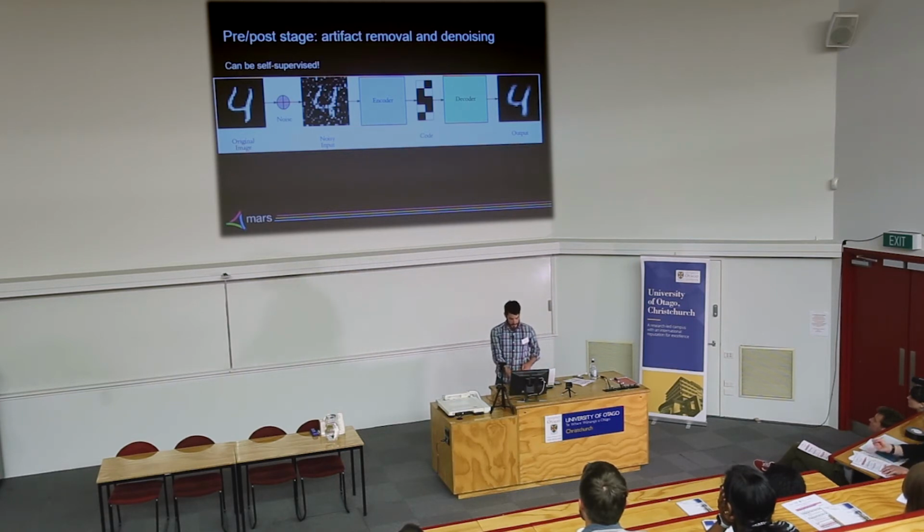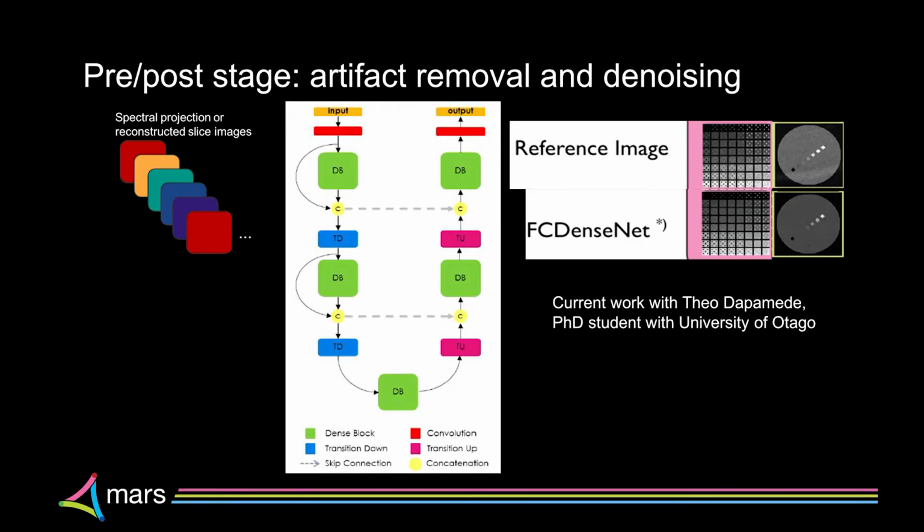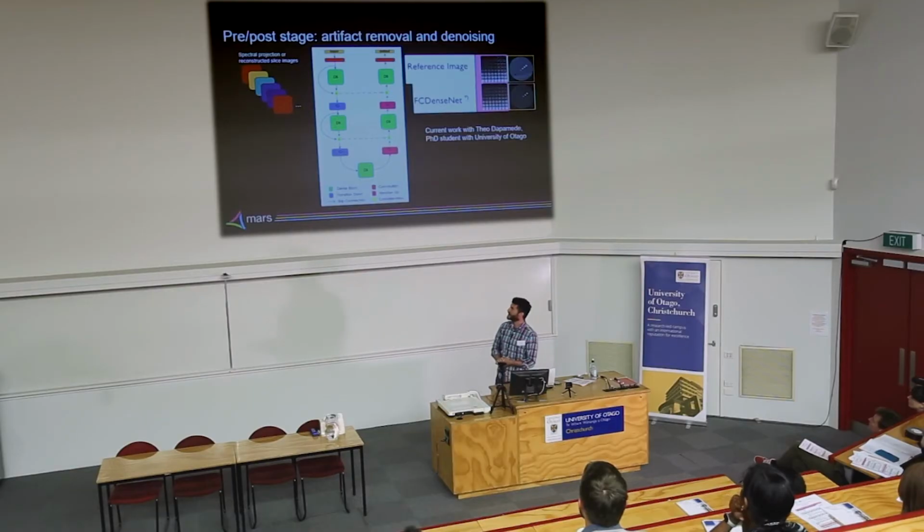This is something that we are currently working on. I'll show you what this pipeline looks like. It is using an FC DenseNet, which is a UNet style architecture. Feel free to ask me questions about this later, but it is taking those DenseNet blocks that were shown earlier and applying them to the input to generate an output.